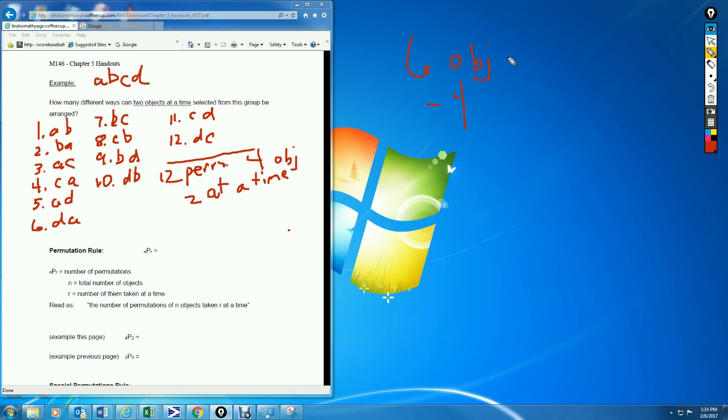I can tell you that you would not want to list them because there are actually 360 permutations of 6 objects taken 4 at a time. So this is why we have a permutation rule, a formula that tells us how many different ways to list them in a particular order.